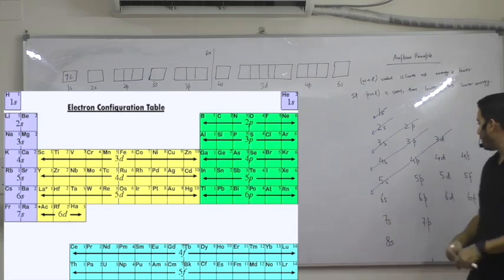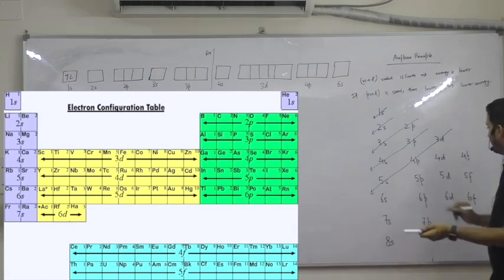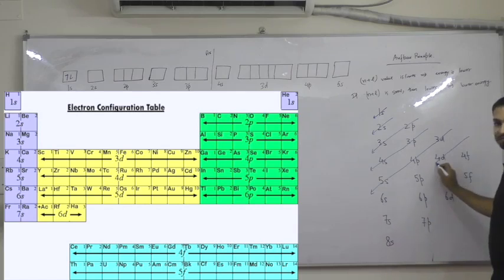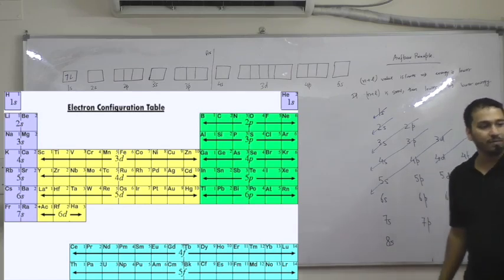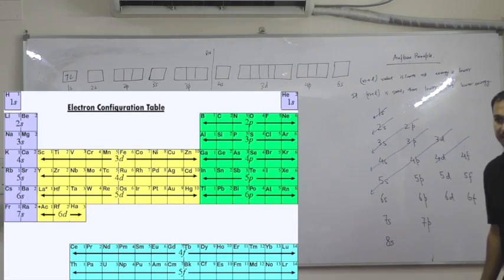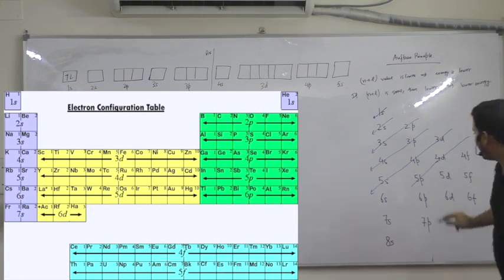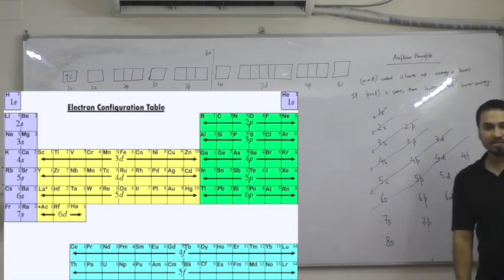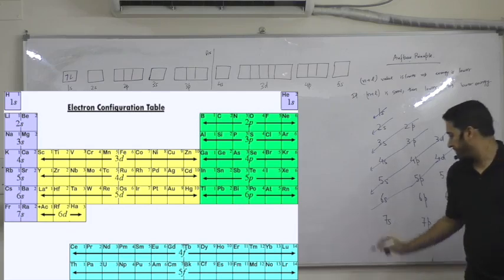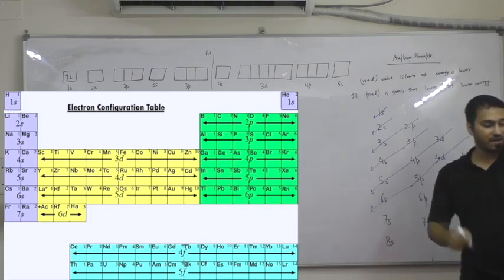Look at the above. 5s के बाद क्या आएगा? 4d. Yes or no? So from yttrium to cadmium is 4d. After 4d, what do we have? 5p means indium to xenon. That's 5p. After 5p, what do we have? 6s, cesium and barium. अच्छा 6s के बाद क्या आएगा?